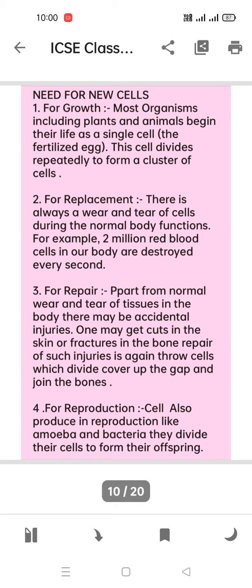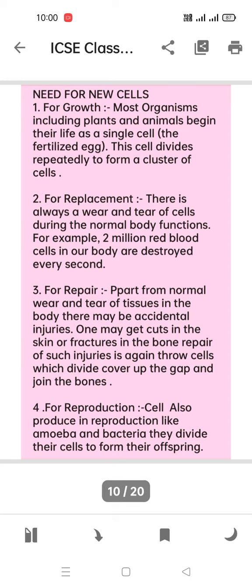Apart from normal wear and tear of tissues in the body, there may be accidental injuries, as I told you. You may get a cut on your skin, or a fracture, or anything like this. So how is your bone fixed again to its original place? This is because of the enhancement of the cell.